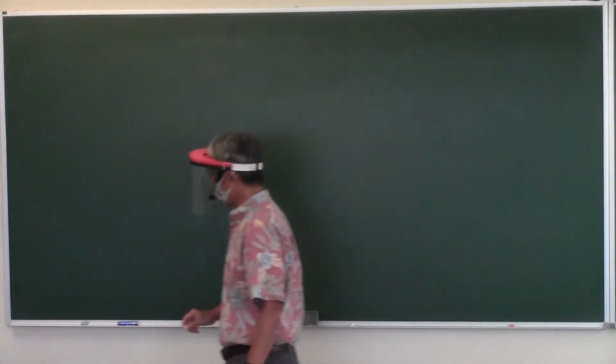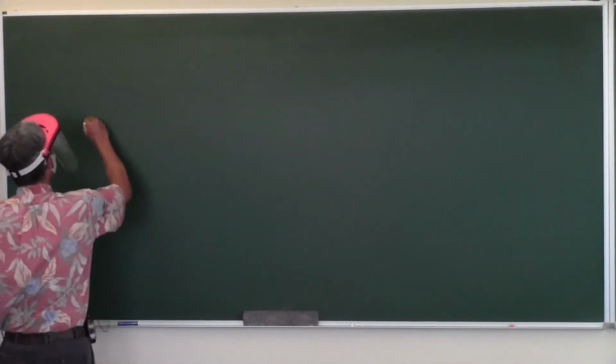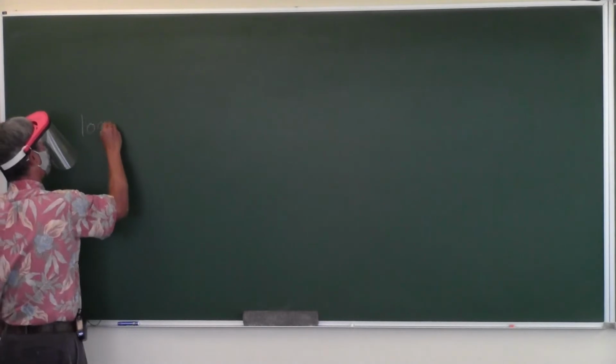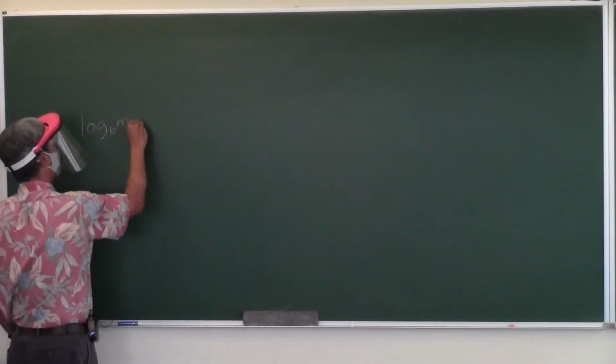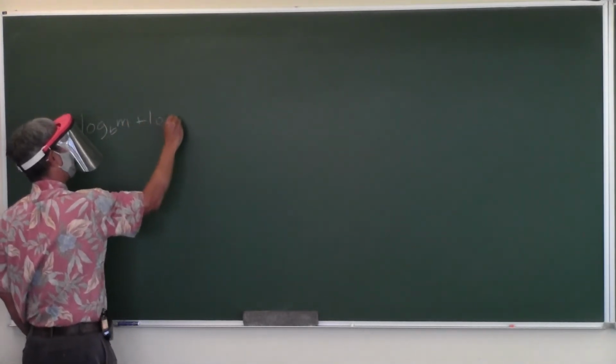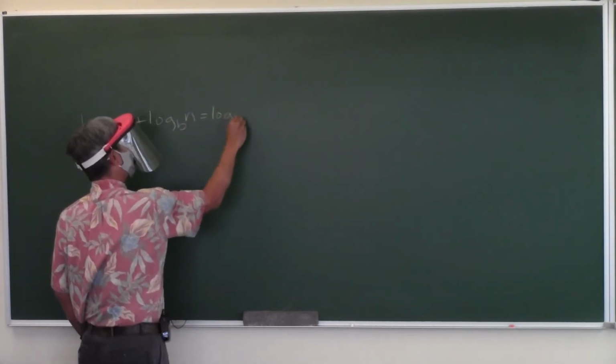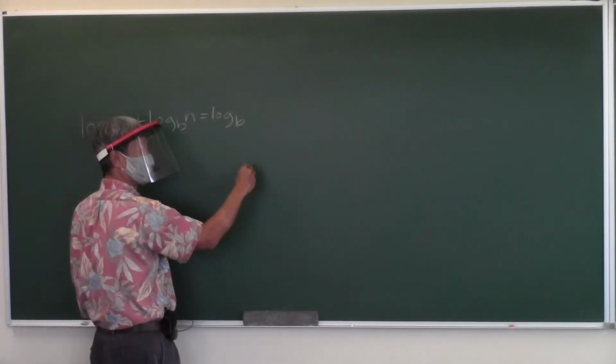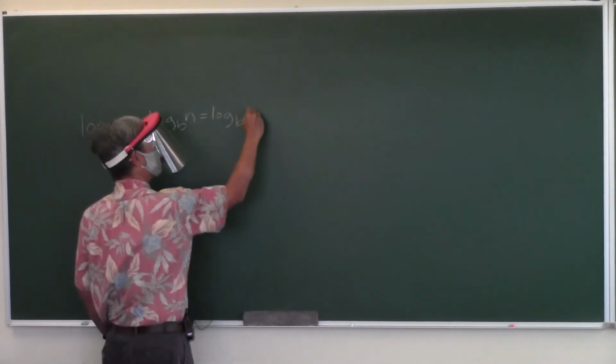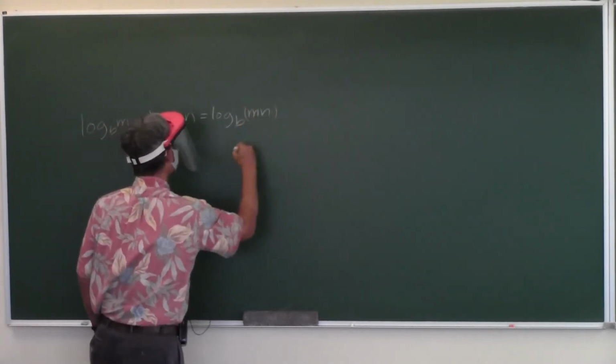Okay, so here are the three basic properties. Log base b of m plus log base b of n is equal to log base b of m times n.